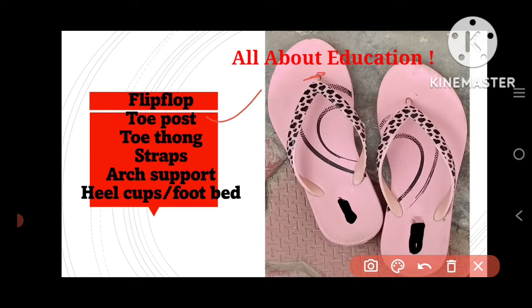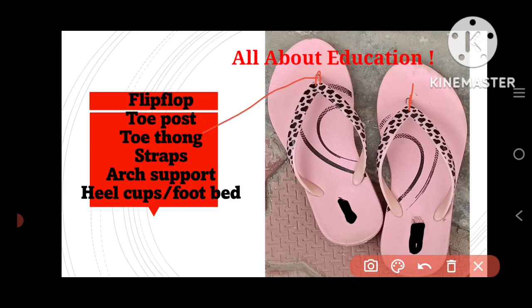This hole where we put these straps, this part, you can say hole or part, is known as toe post. Okay. Now from the toe post you may be able to see this elongated vertical part, which is known as toe thong.